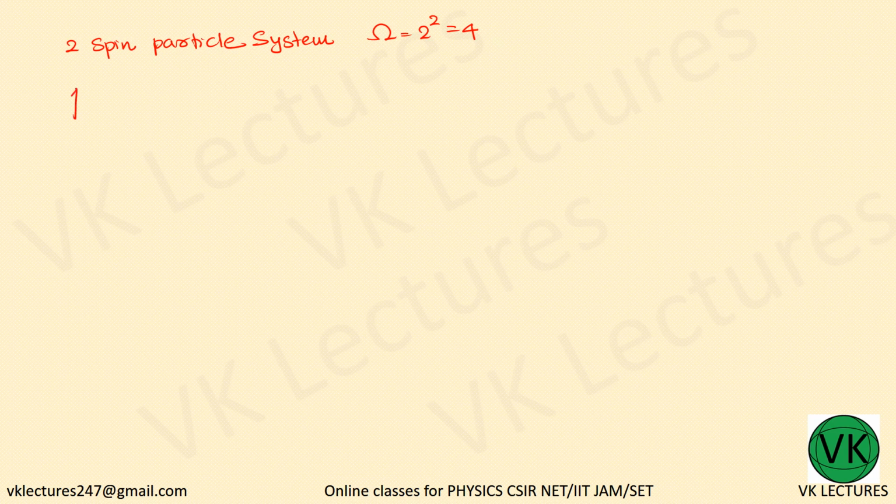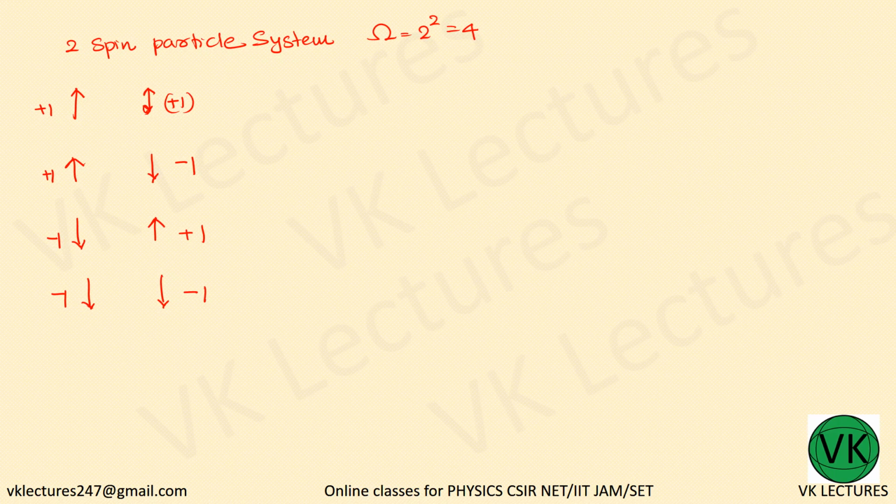One is up and one is down, so this is plus 1, this is minus 1. Let's write both up, up and up, then up and down, down and up, and both down. So the values of S are plus 1, plus 1; plus 1, minus 1; minus 1, plus 1; and minus 1, minus 1.